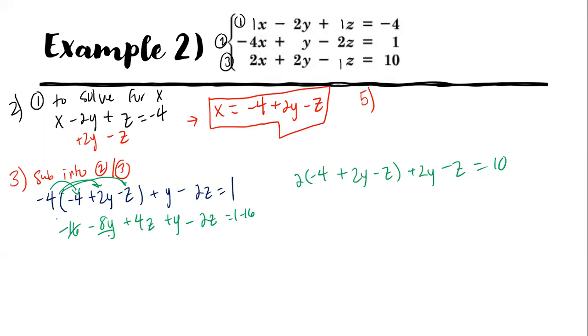I have -8y and +y, that makes -7y. I have 4z and -2z, that makes +2z. And it's going to equal -15, y'all. I didn't mean to say 17.